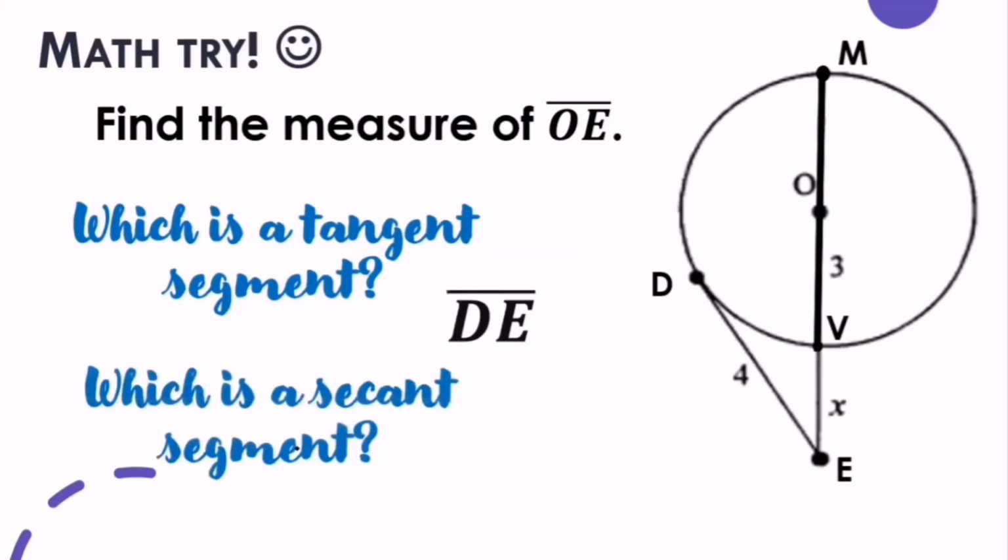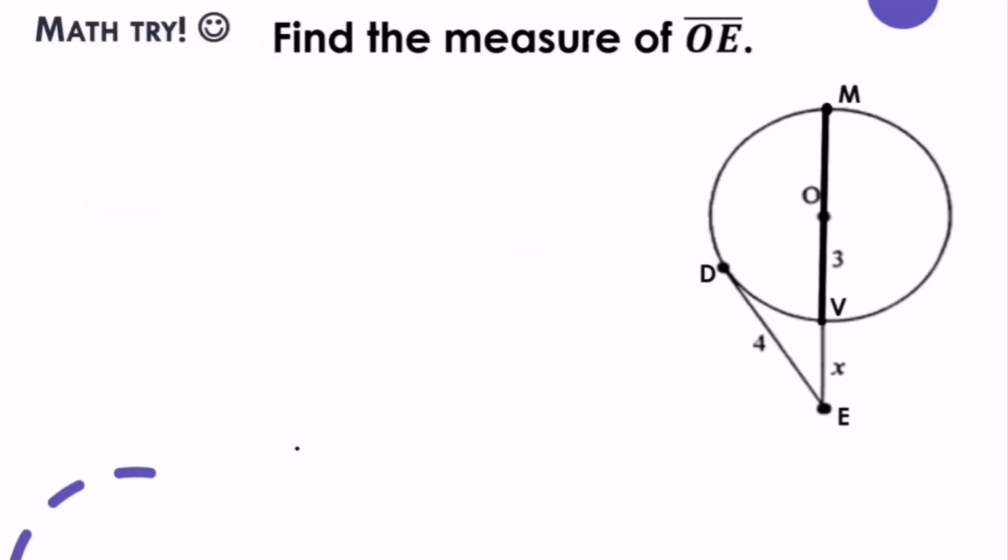Next, which is a secant segment. Okay, very good. That is segment ME. Okay, remember that. Now, let us solve. So, unahin muna natin si segment DE, tapos si segment ME. Okay, tapos ano ulit ang bumubuo sa kanila?